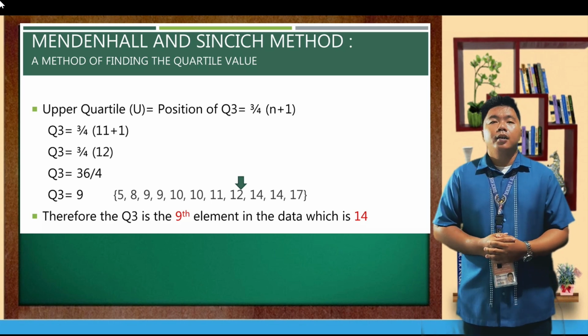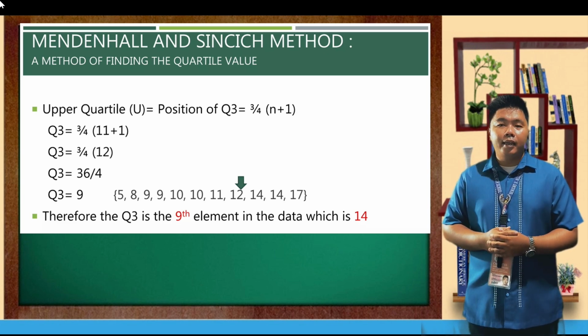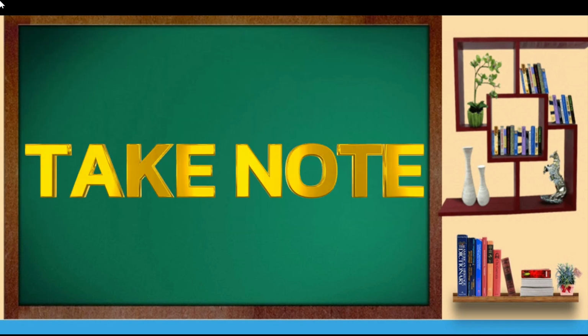So therefore, the Q sub 3 is the 9th element in the data, which is 14. Okay, learners, I hope you understand the discussion on the Mendenhall and Sincich method for the quartiles of ungrouped data. But I will be giving you some notes regarding solving quartiles of ungrouped data using Mendenhall and Sincich method.